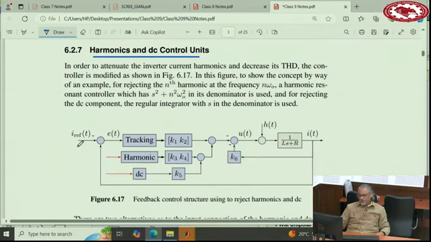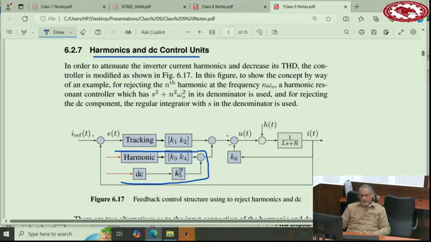So the standard way to fix this problem would be this one. We already talked about this controller. So we add these two. These are the new ones. DC and harmonics. For instance, this is just one example.